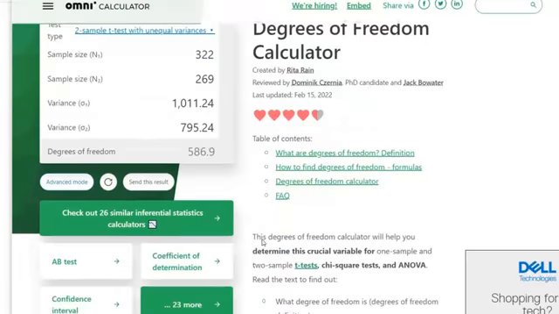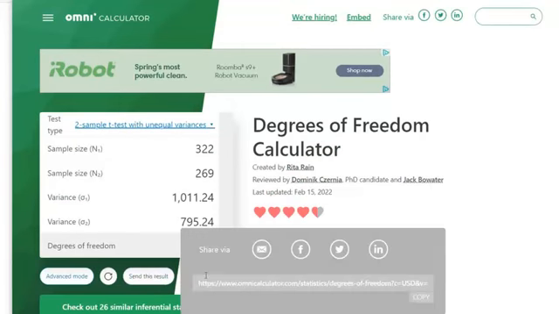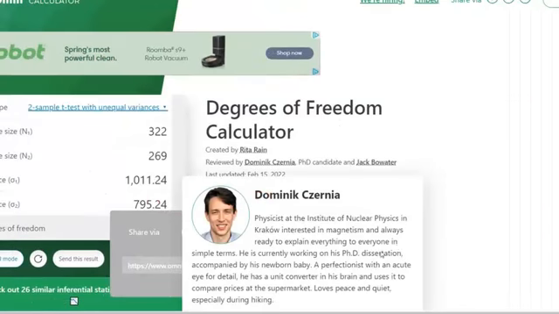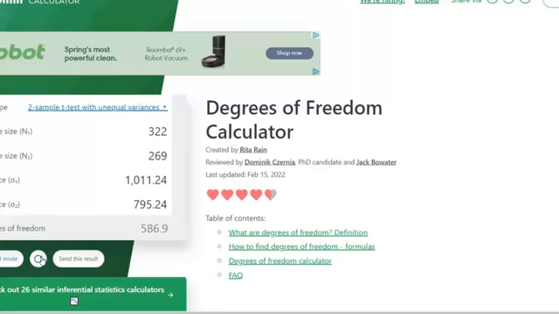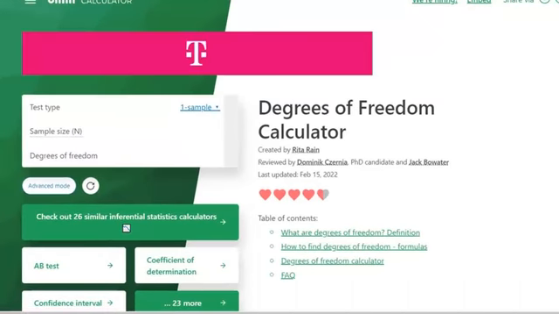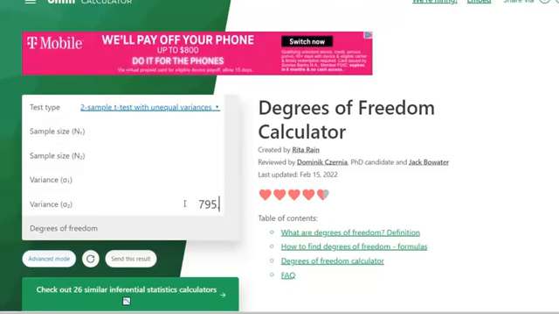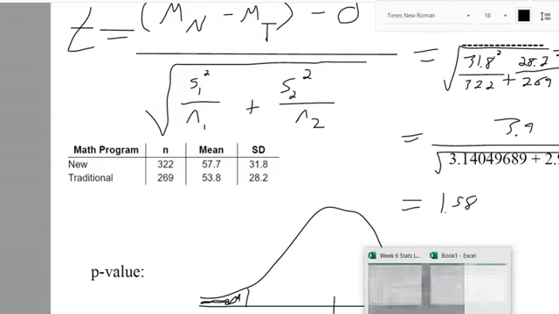What do we have to click now? There's so many buttons. Send this result? I don't know. Maybe it's already done it somewhere, I just don't see it. Oh no, I hit refresh, I lost it all. And then the other one was 1011.24, and then the sample sizes were 322 and 269.